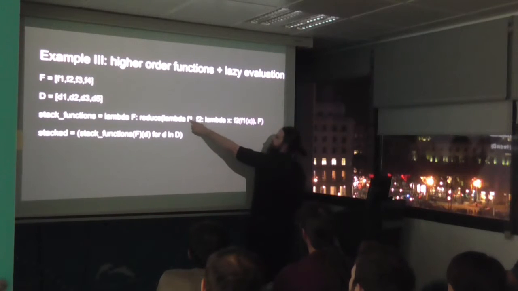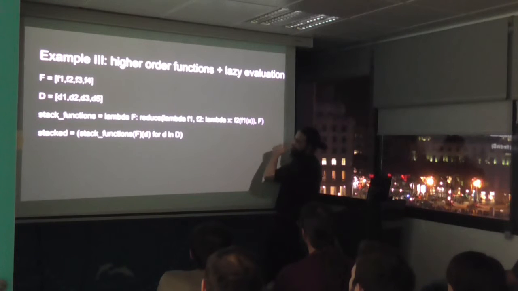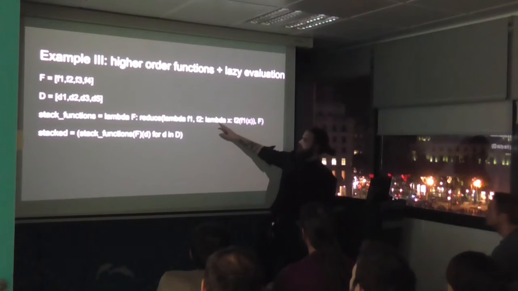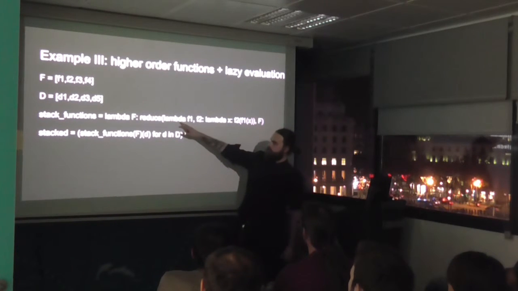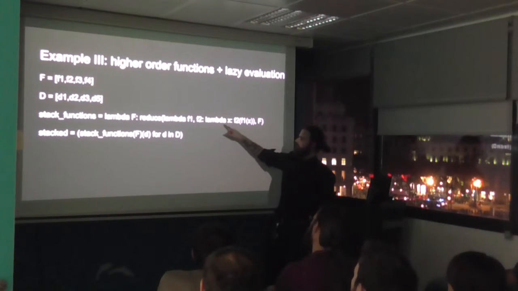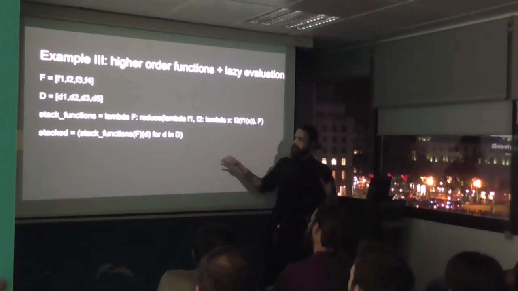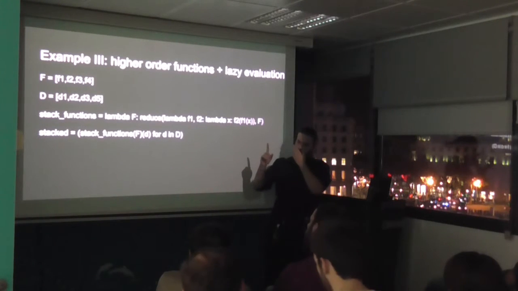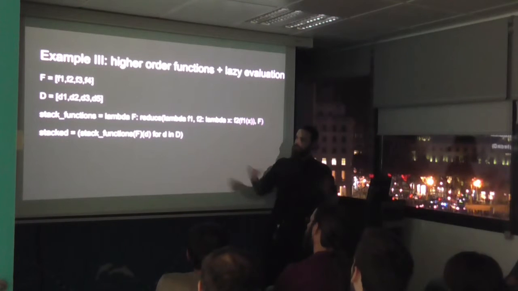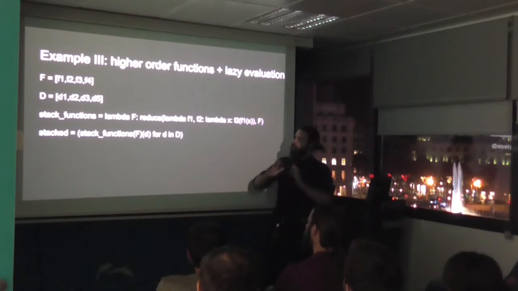So we put f1 to f1, f2 to f2, and x to x. The return of this lambda is an actual value of data, but the return of this lambda is a function. This function. What does reduce mean? Reduce is when you have a list and you want to summarize the list to one single value. For example, you have a list of numbers and you want to sum them all together.